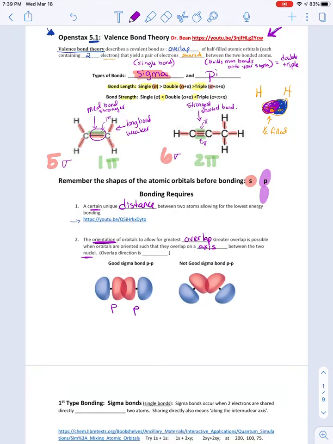So if you look right here, this is an example of a p orbital and a p orbital overlapping, and you can see how much more of this can be overlapped. When they're directly overlapping, that would be on an axis. So that's your axis. They're overlapping on an axis, whereas these guys don't have as much that they're overlapping on.